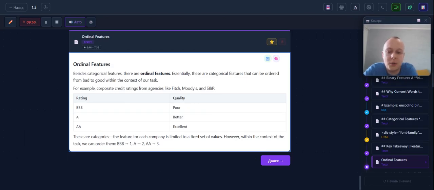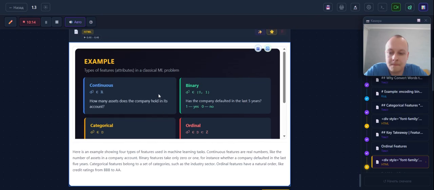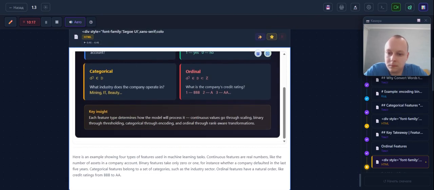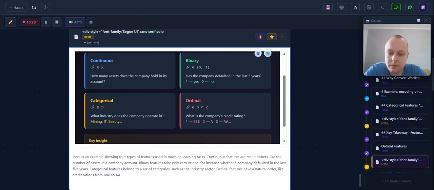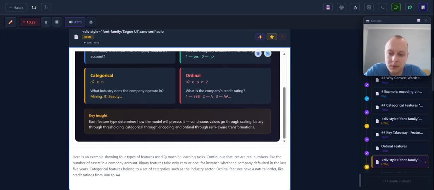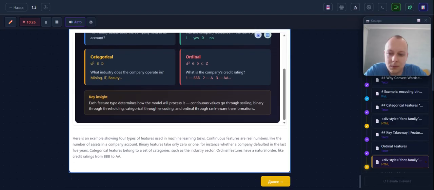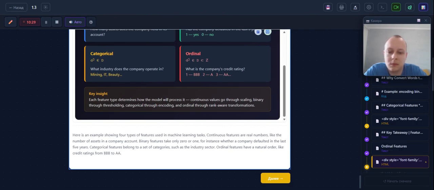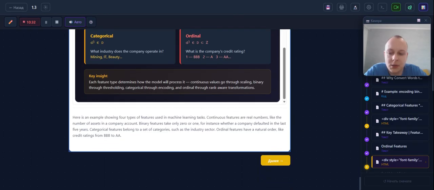In our dataset and our model, we can convert these three types of rating as number one, number two, and number three, to represent different rank, different rating that we put on particular category. So basically it's rank-aware transformations.